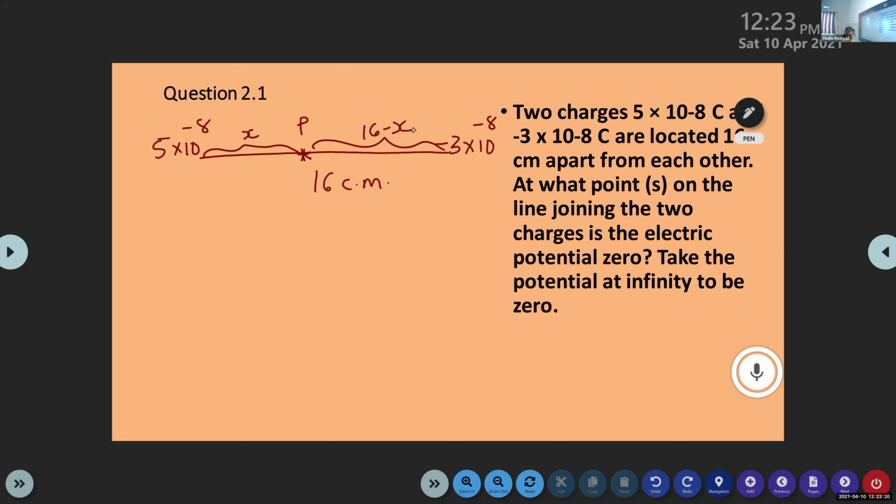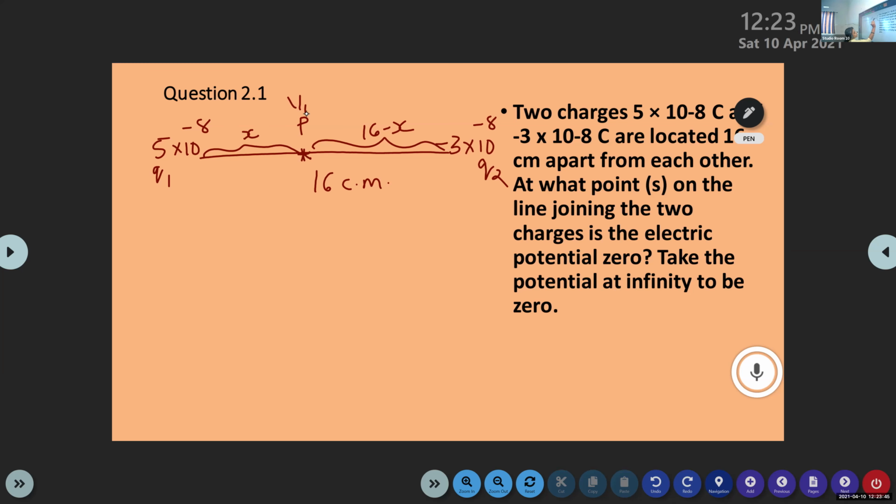Now we can calculate the potential due to these charges. Suppose this is our charge Q1 and this is our charge Q2. The potential due to the charge Q1, that is 5 into 10 raised to minus 8 coulomb, at this point P can be taken as V1.